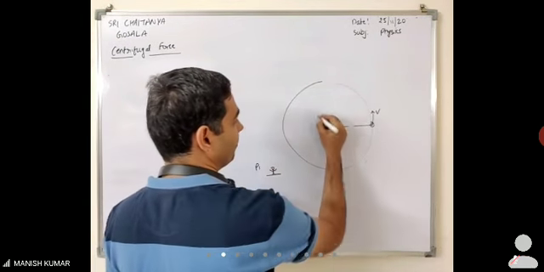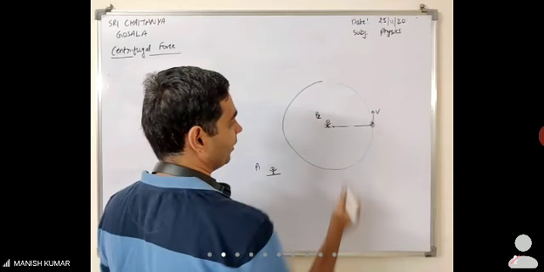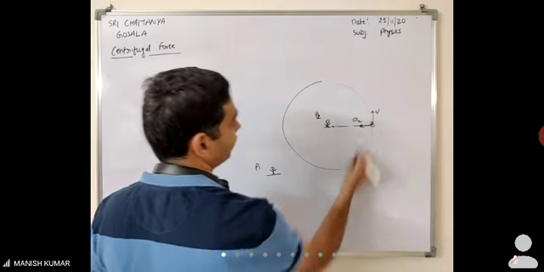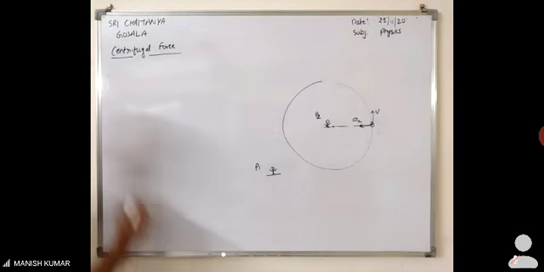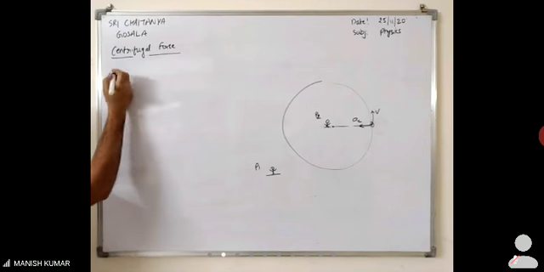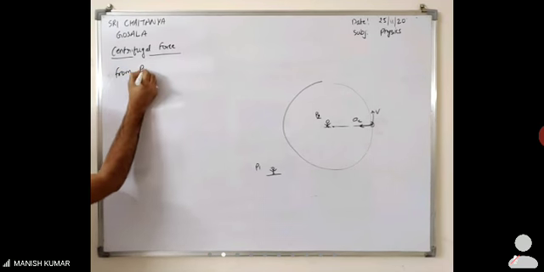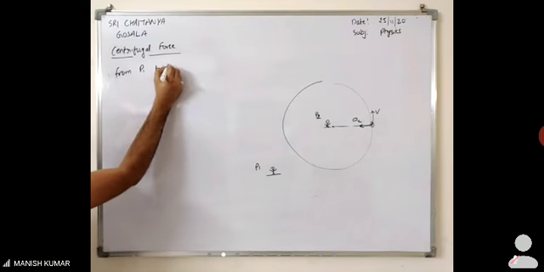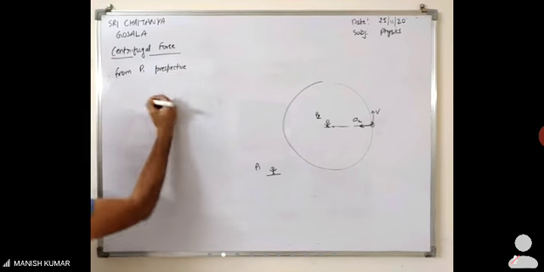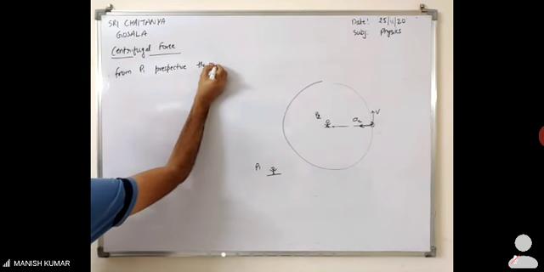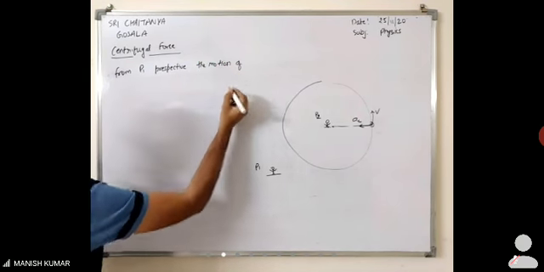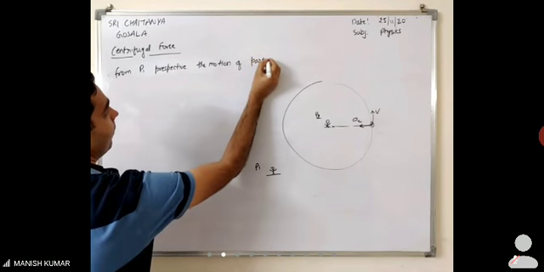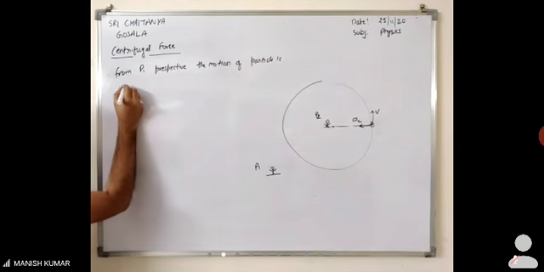So from P1's perspective, this particle is revolving in a circle. There must be some acceleration. From P1's perspective, the motion of the particle is circular.